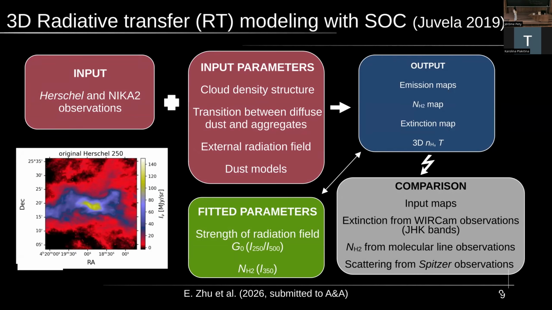And then based on these inputs, SOC fits two parameters, the strength of the radiation field G0 and the column density NH2. And as outputs, SOC gives the emission maps, NH2 maps, extinction maps, and the 3D volume density and temperature distributions. And we compare these outputs with observations.